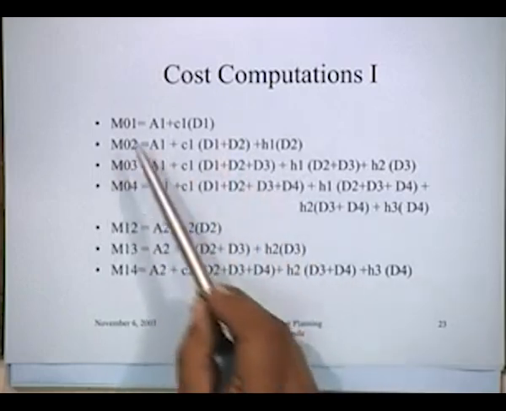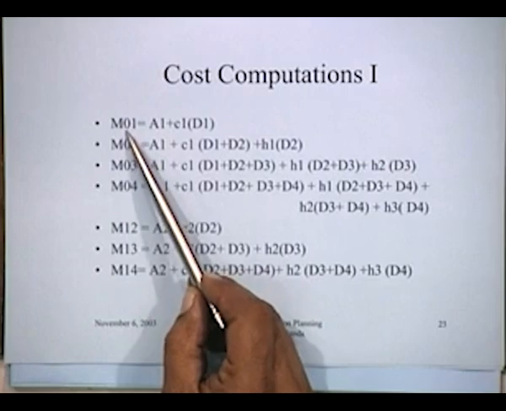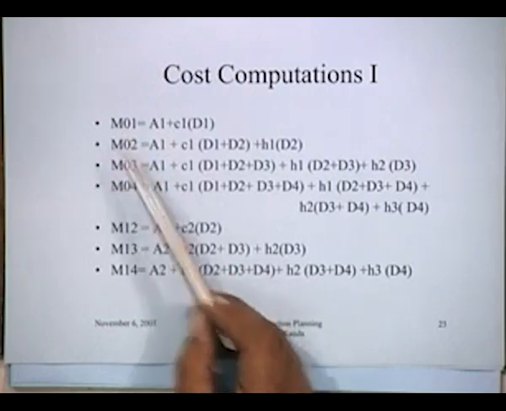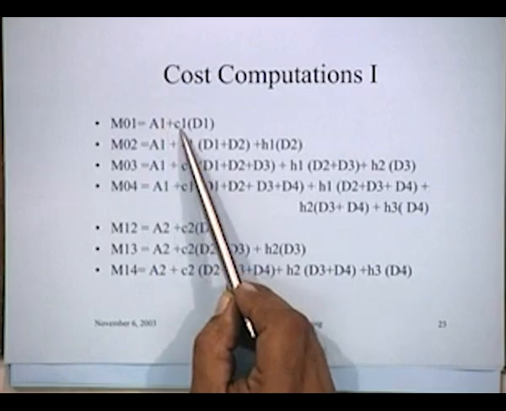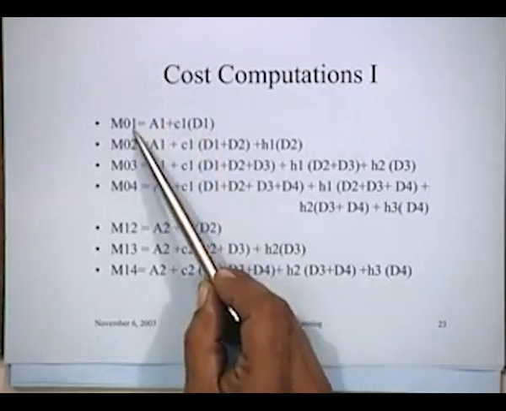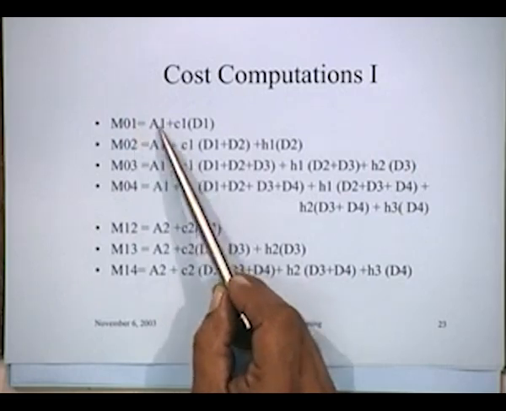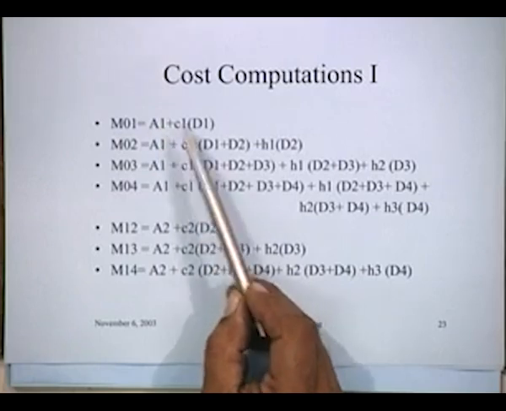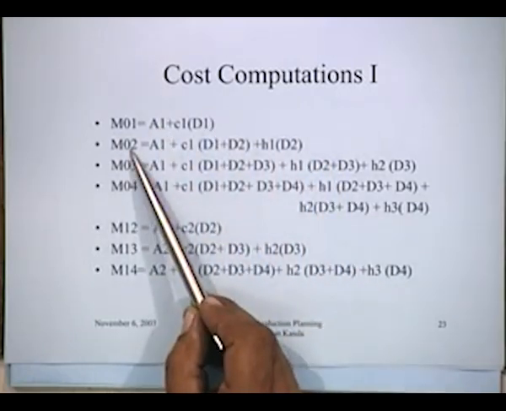What is the value? M01 is the cost of producing in period 1 for the requirements of period 1 alone, by that definition of mjk. So this is A1, the cost of setting up production in period 1, plus C1 into the quantity produced, which is D1. That's it. So M01 means taza banao, taza khao: produce for the requirements of period 1 and consume in period 1 alone. M02, what is that?